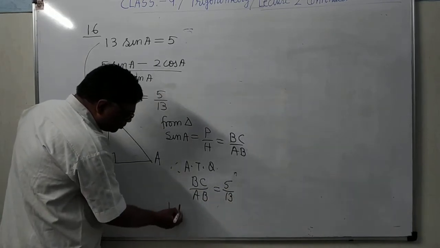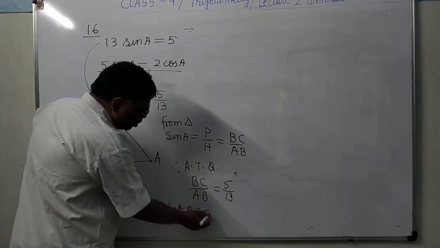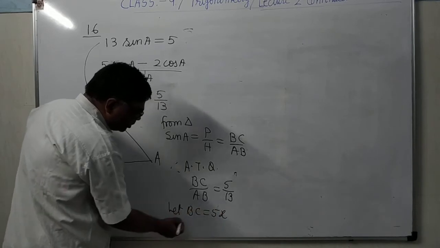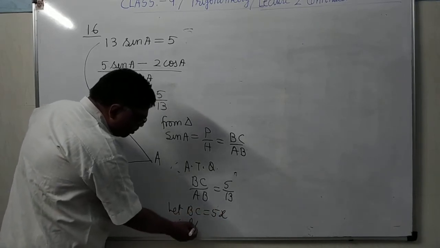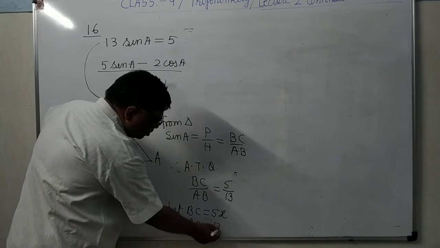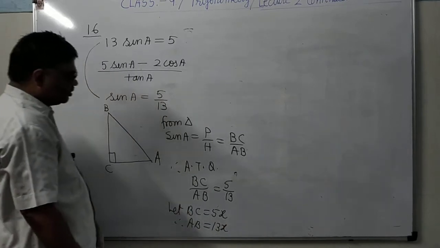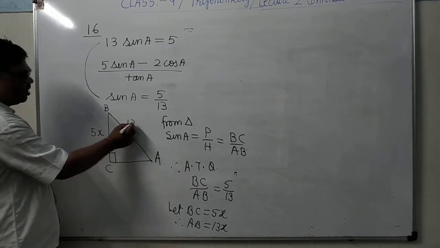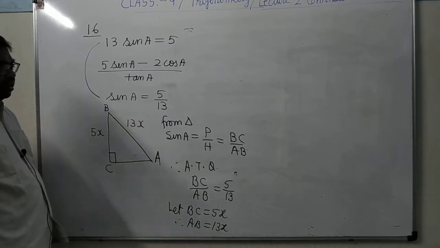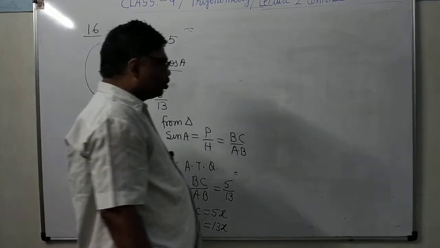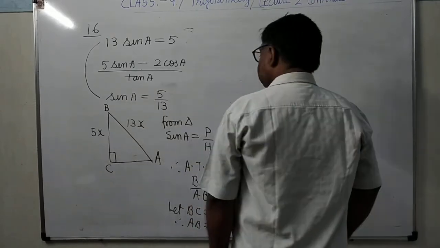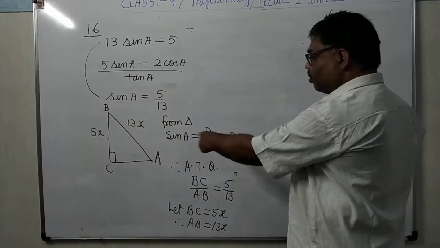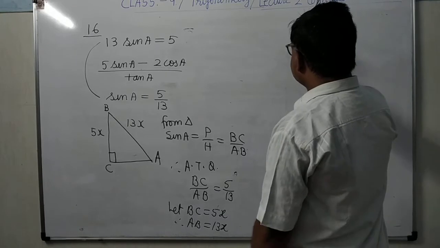Let BC equal 5x. Therefore, AB equals 13x. Now it is exactly the same as question number 6a, which I have told earlier. Now you find out AC from Pythagoras theorem.